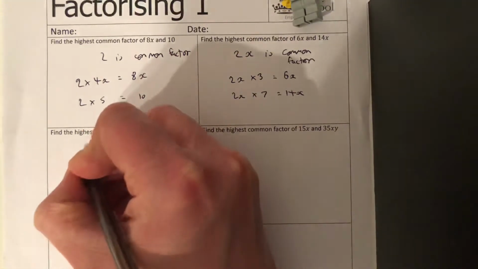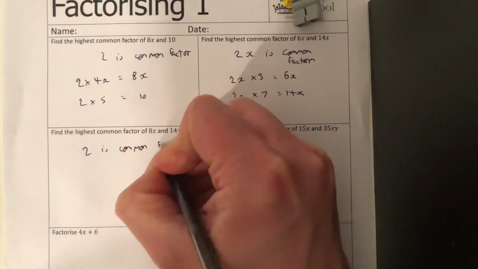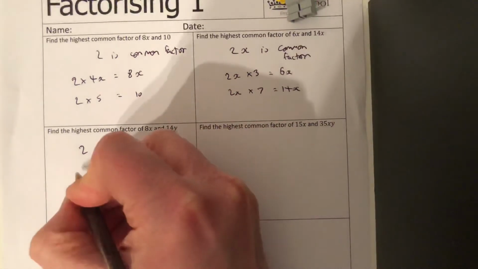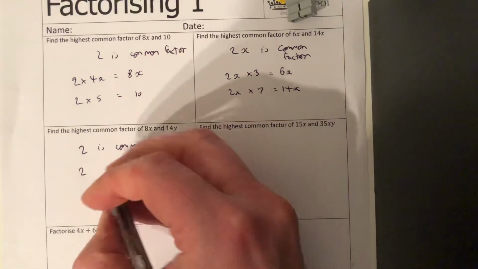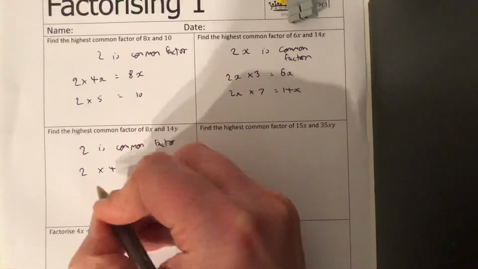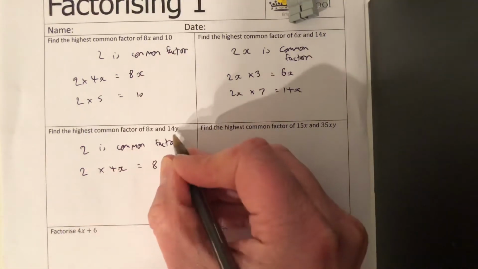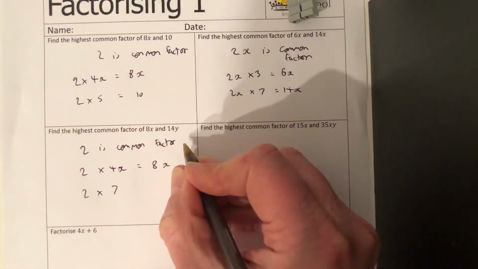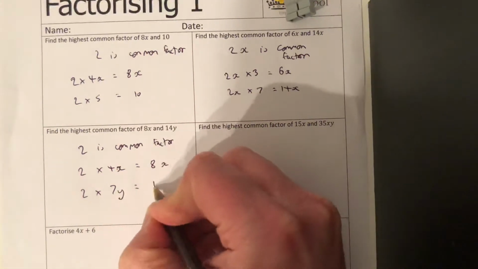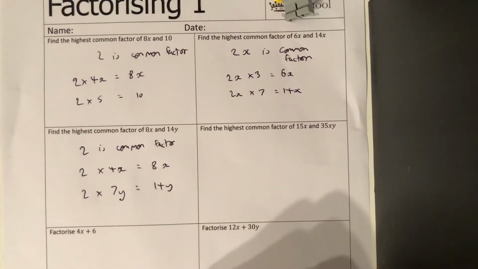So in this case, it will just be 2 is the common factor. And we can show that by simply saying, how many times does 2 go into 8x? Well, 2 times 4 is 8. So 2 times 4x will give us 8x. Again, 2 goes into 14y. 2 times 7 gives us the 14. We must remember the y, and so we can again see that 2 goes into both algebraic terms.